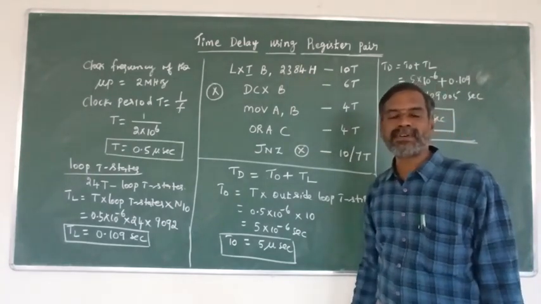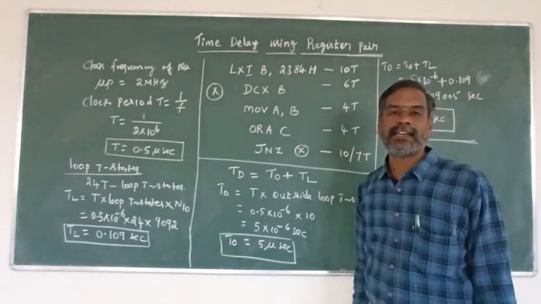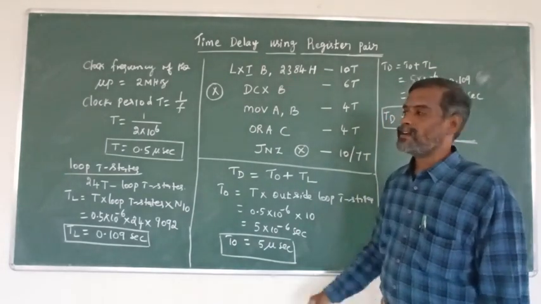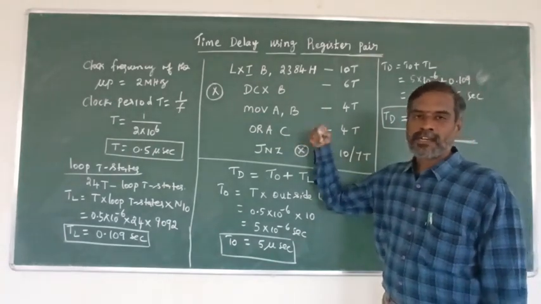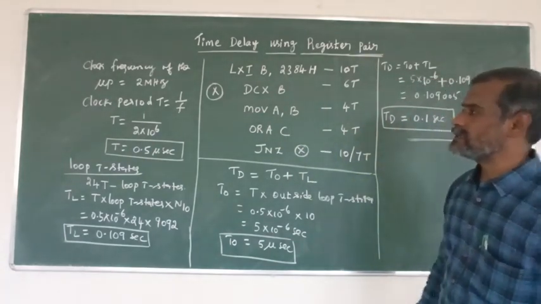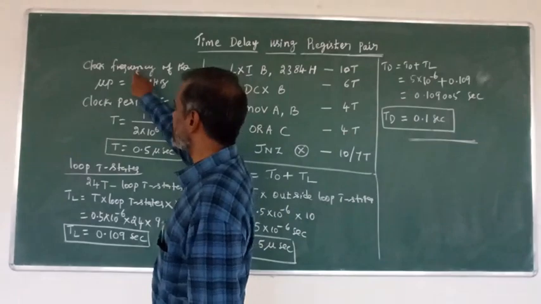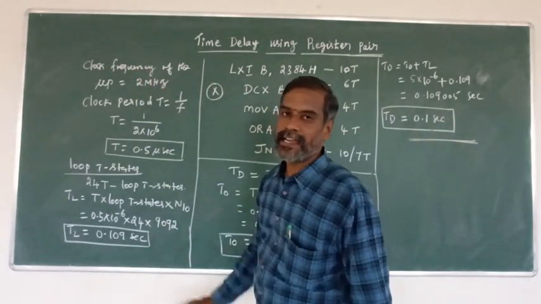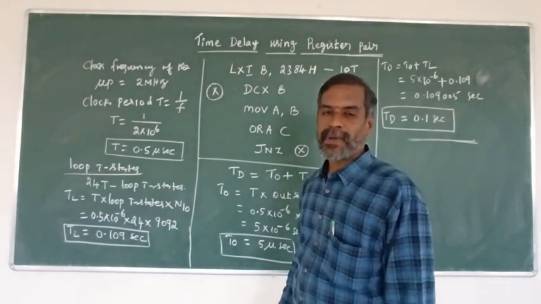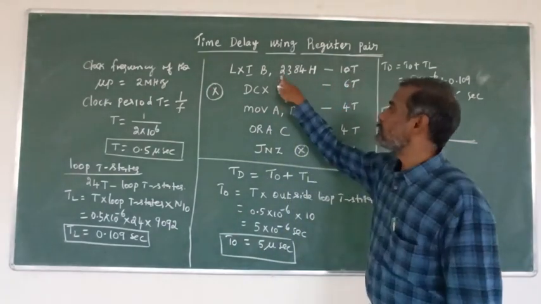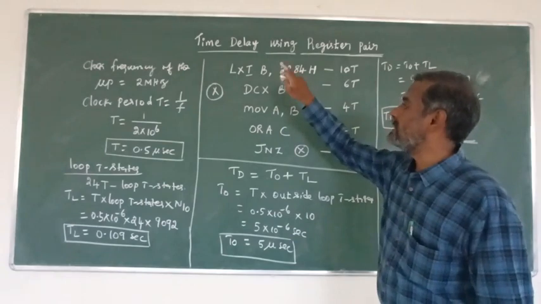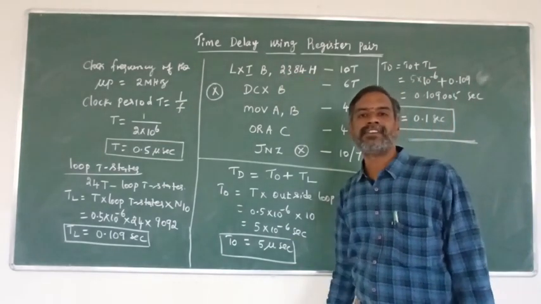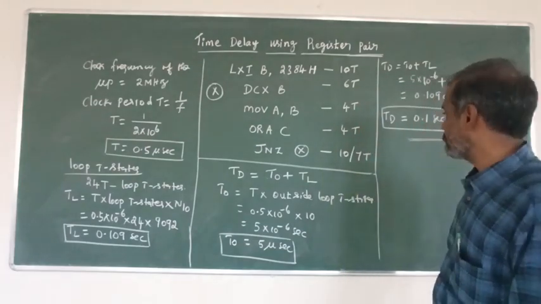What will be the maximum data for register pair? FFFFH. Okay, there are two ways we can increase the time delay: either increase the microprocessor clock frequency from 2 megahertz to 3 megahertz, or increase the count value from 2384 to FFFFH. Okay.